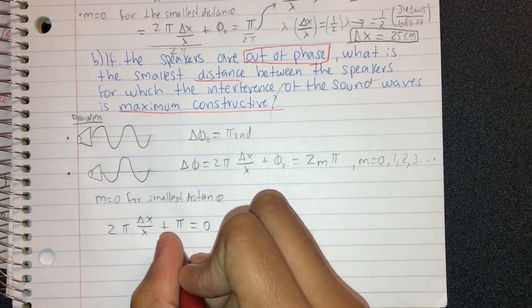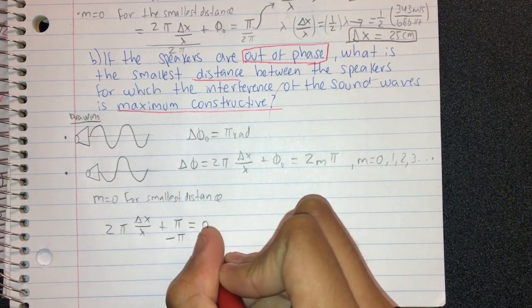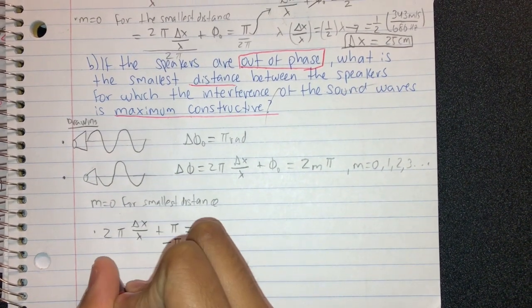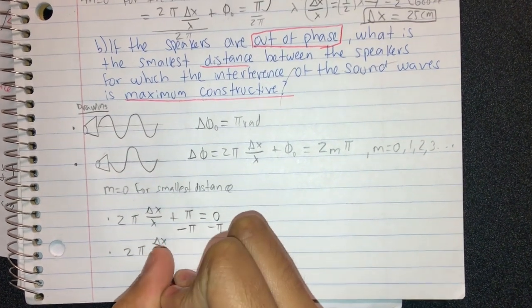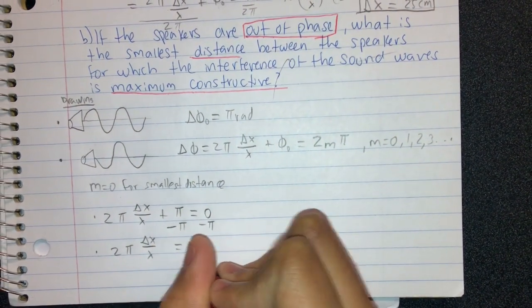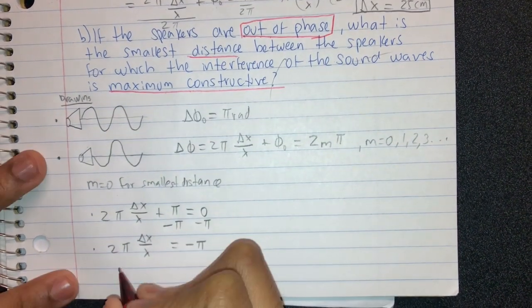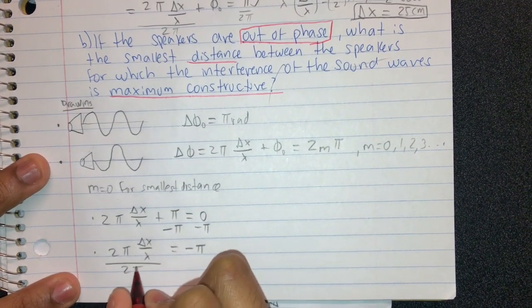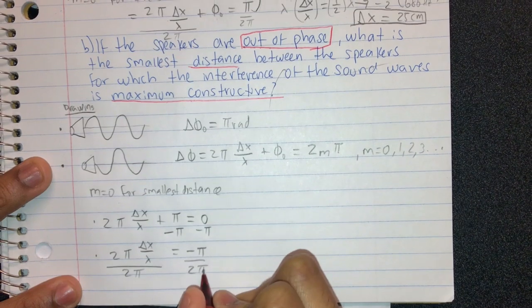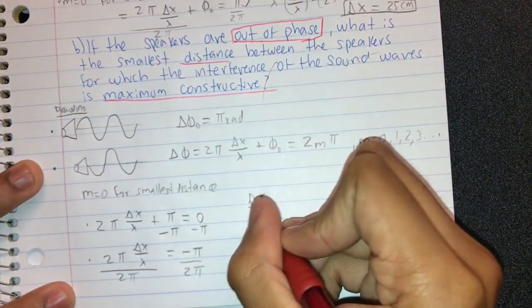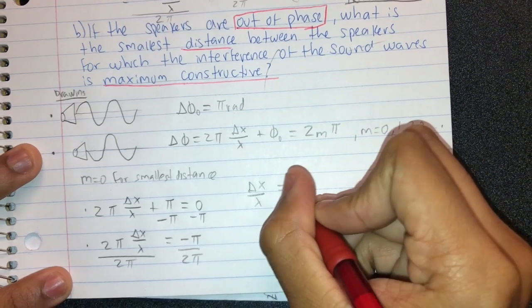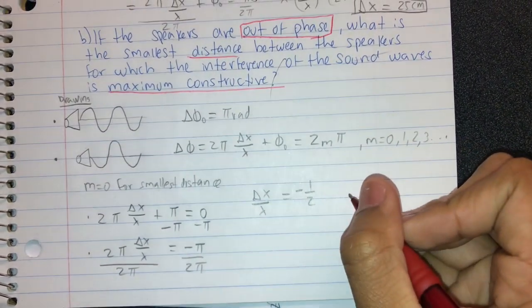First thing we do is we subtract pi from both sides. We are left with 2 pi delta x over lambda equals negative pi. And again, we divide by 2 pi on both sides. That would give us delta x over lambda equals negative 1/2.